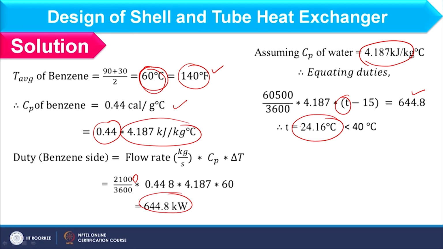Because at this exit temperature the water will enter into the cooling tower, and from the cooling tower it gets cooled down and then it returns back to the exchanger. So, that cycle is going on.